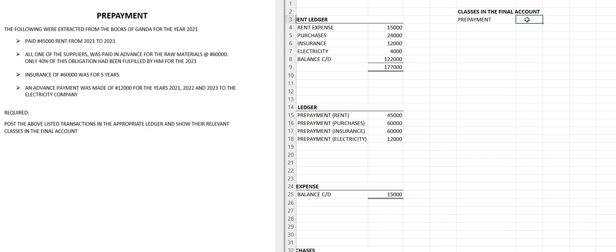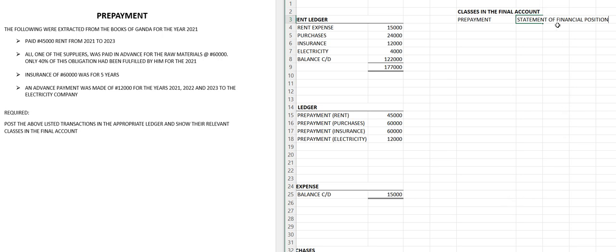It is a current asset in the balance sheet, the statement of financial position.